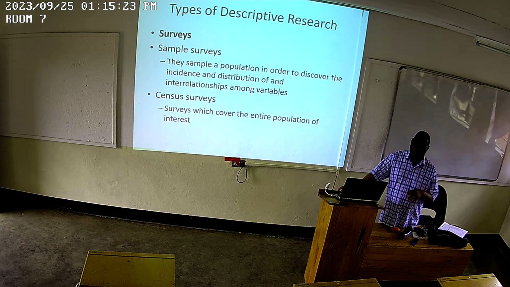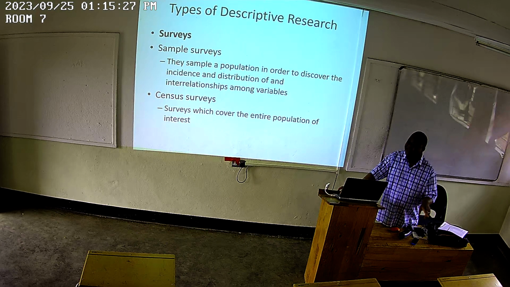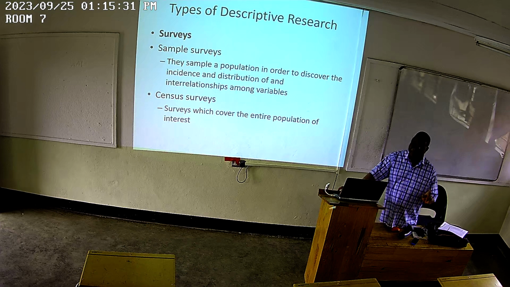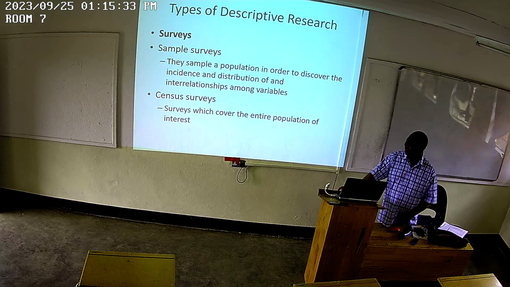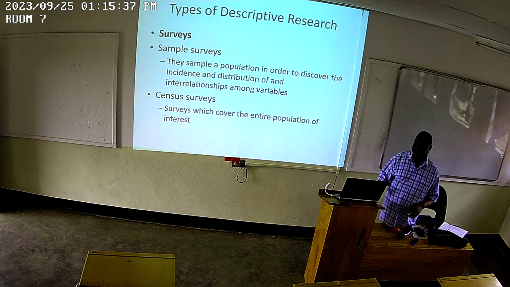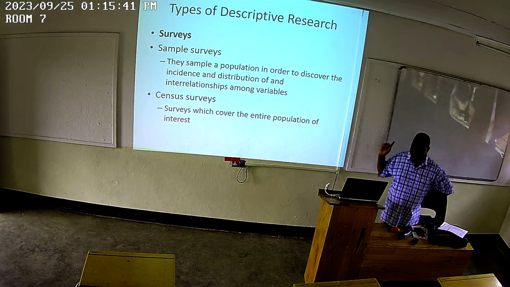And the demographic and health studies will not be said to be census studies, they are sample studies. So, anytime you hear about census, it's a study which involves studying the entire population.